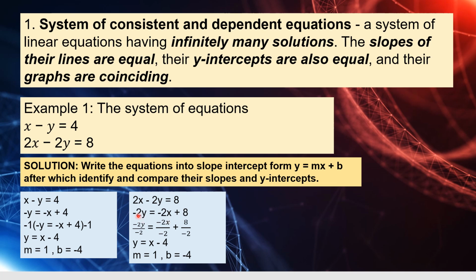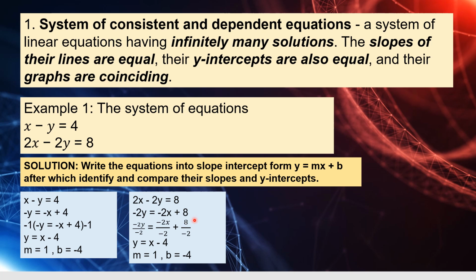To get rid of negative 2, we divide both sides by negative 2. So negative 2y divided by negative 2 is equal to positive y. Negative 2x divided by negative 2 is equal to x.